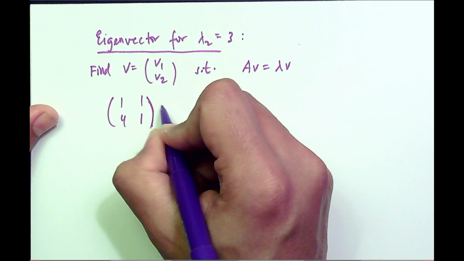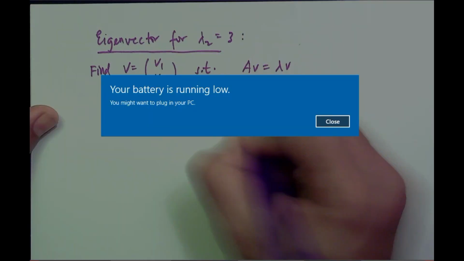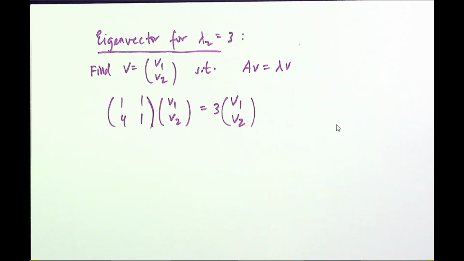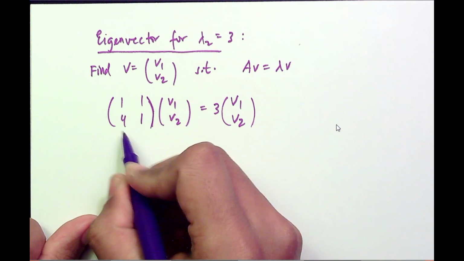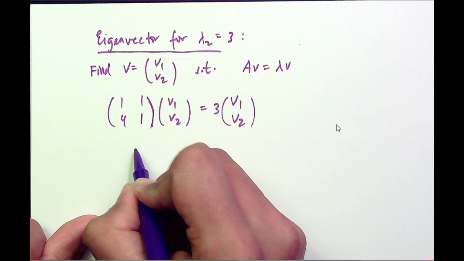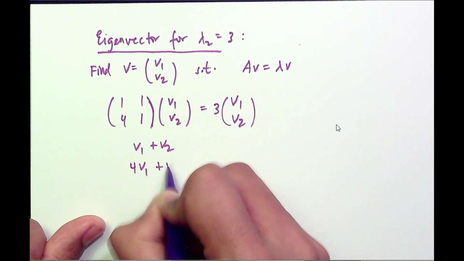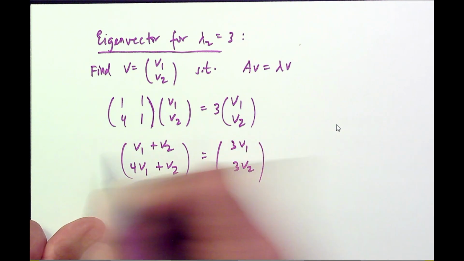And then V is V1, V2 equals lambda, in this case 3, V1, V2. So let's just multiply. This is going to be V1 plus V2, and then 4V1 plus V2 equals 3V1, 3V2.